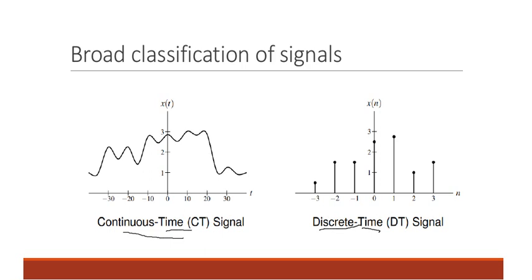So the recordings are done at uniform intervals of time. You could say here at 0 the instant of measurement had a magnitude of around 2.5. At instant 1 the signal had a measurement of 3. At instant 2 it is around 1. Right? So a discrete time signal is a signal which is measured at discrete instants of time.